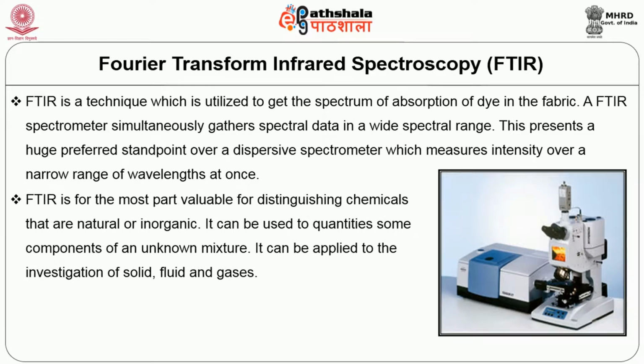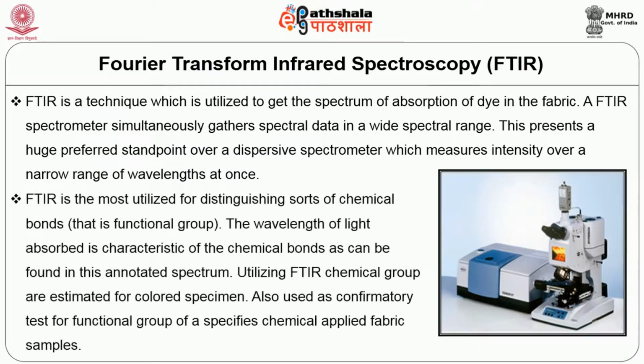FTIR is also most valuable for distinguishing chemicals that are organic or inorganic. The components of an unknown mixture can also be found using FTIR, and it can be applied to the investigation of solids, fluids and gases.